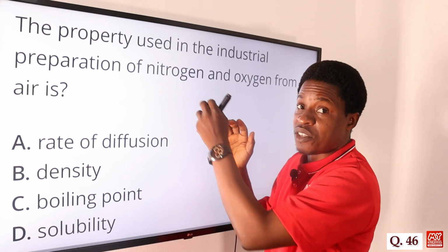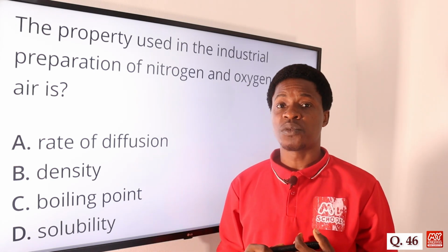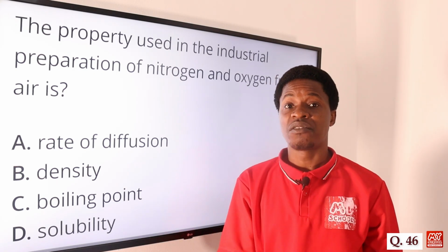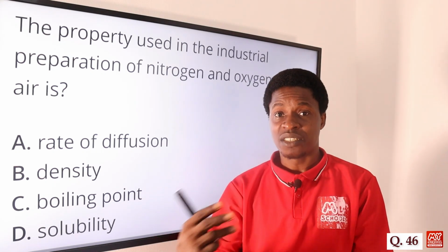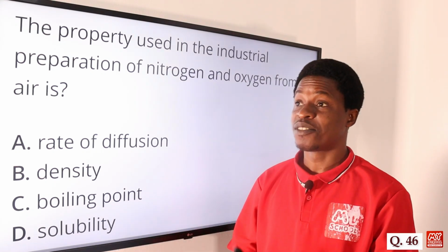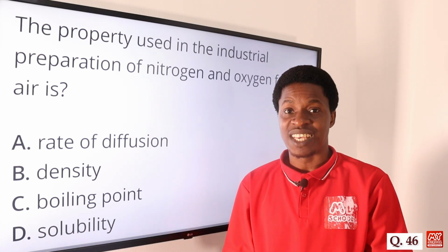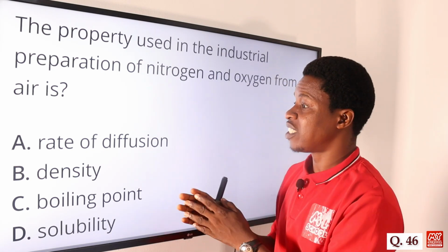The nitrogen is separated, and then you have the oxygen also being separated through fractional distillation, of course. Like I said earlier, it starts with the liquefaction of the air first. When you liquefy the air, it becomes colder, as the temperature reduces and the pressure increases, you can begin to form your oxygen and nitrogen.